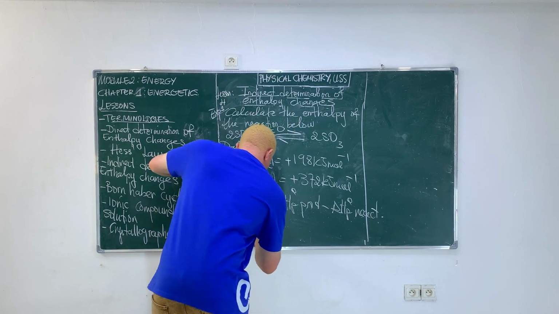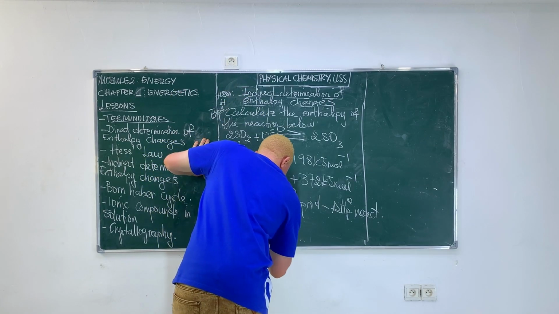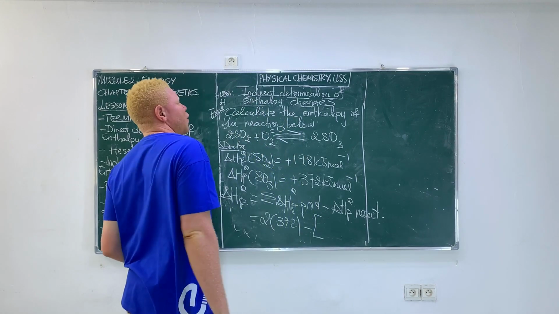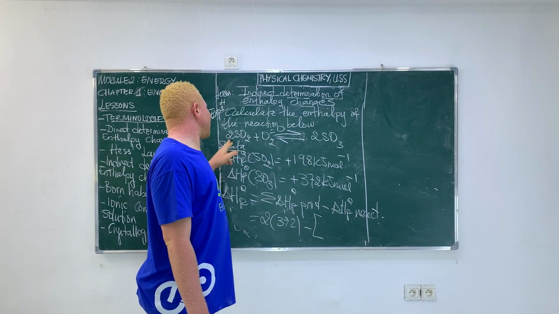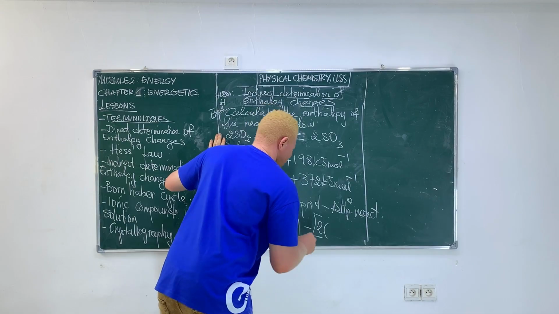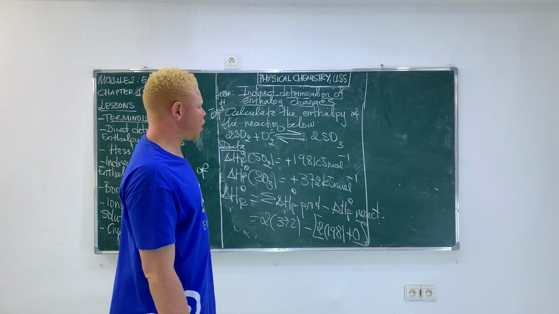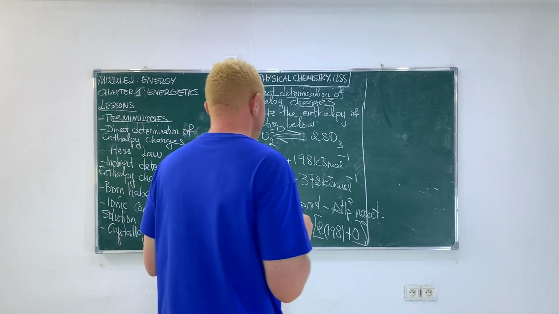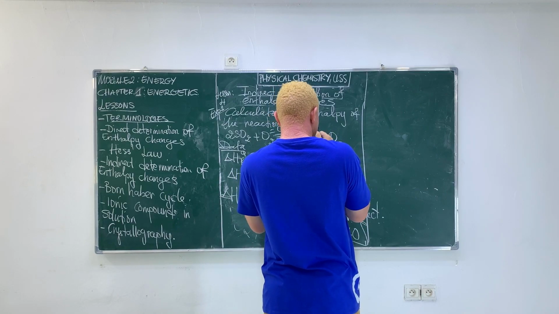So it's 2 times the enthalpy of SO3, minus. For the reactants, I have SO2 and oxygen. SO2 has coefficient 2, so it's 2 times 198 plus 0, the 0 being the oxygen. So I have 2 times 372.